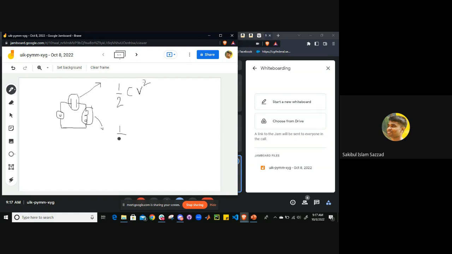The inductor works on the current going through it, while the capacitor works on the voltage between its two sides. So it is half the inductance and the current going through it, half L I squared.